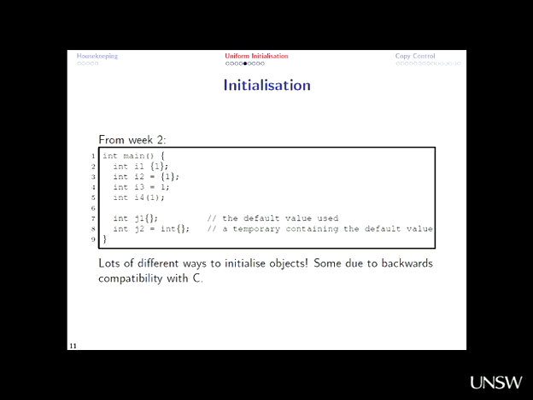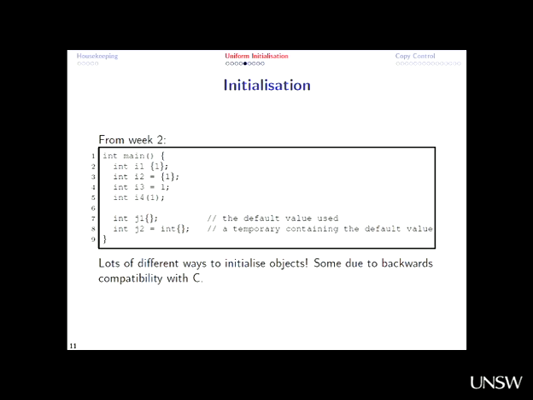In line 8, we'll talk about this later on today, but that's constructing a temporary int, which is then potentially being copied into j2. Now, the optimizer might do some other stuff, but line 8 is actually creating 2 ints. It's creating int j2, it's creating a temporary int, and that temporary int is being copied into j2.